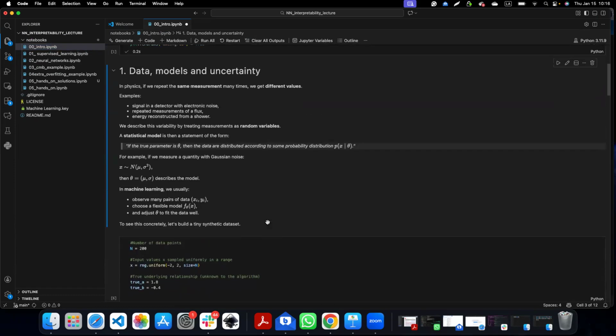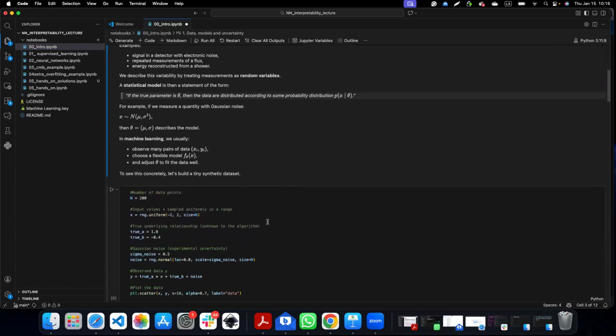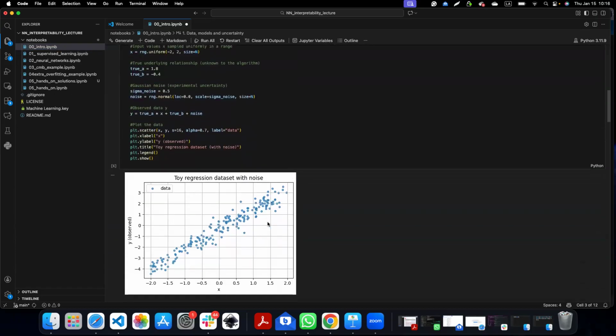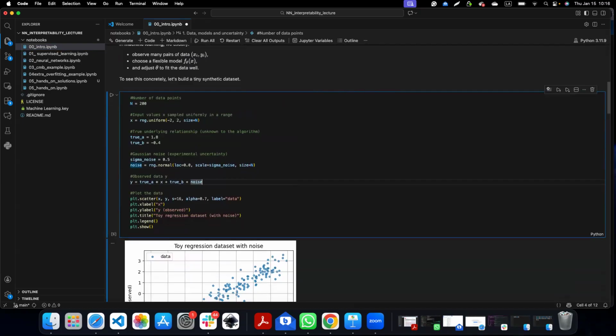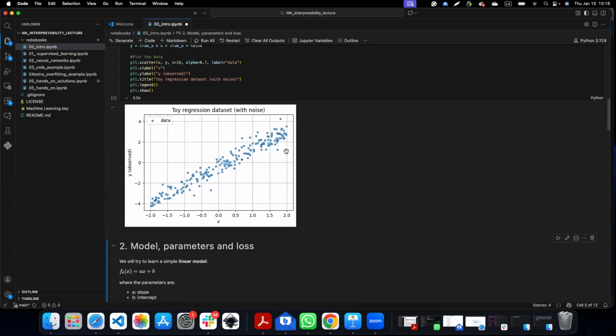So we are going to simulate some data based on a linear regression. We're just having some scatter. We know our x, our y, that is our observable.